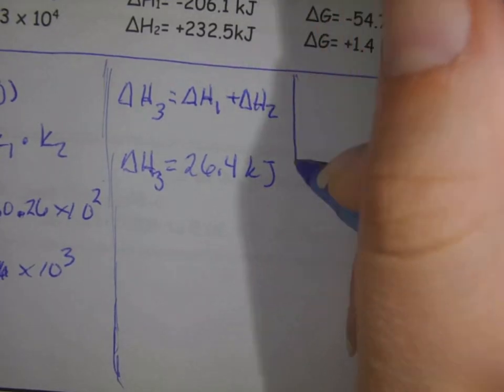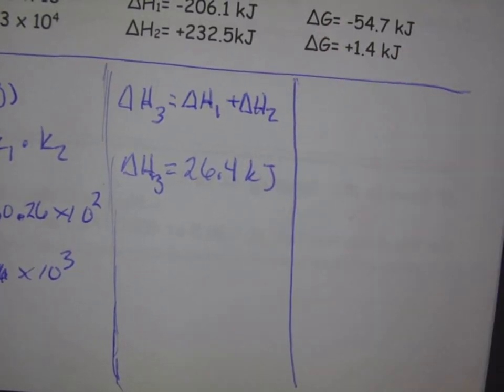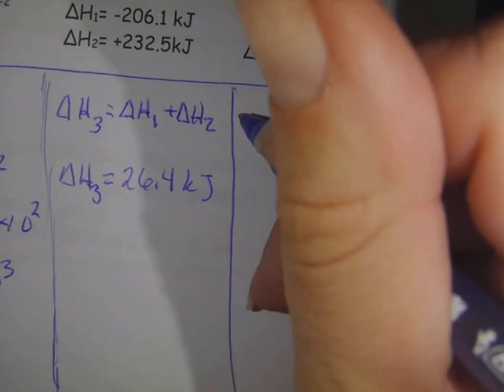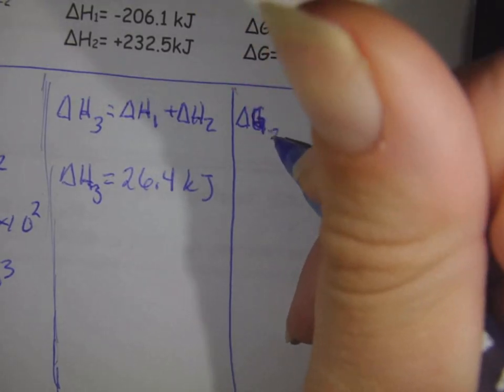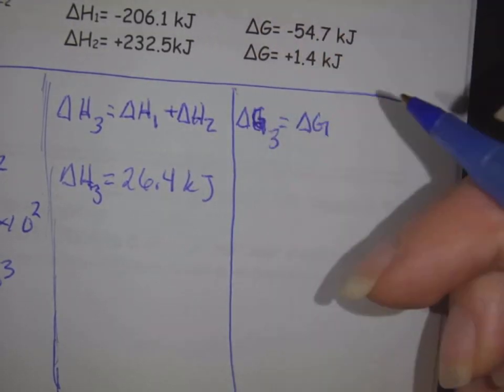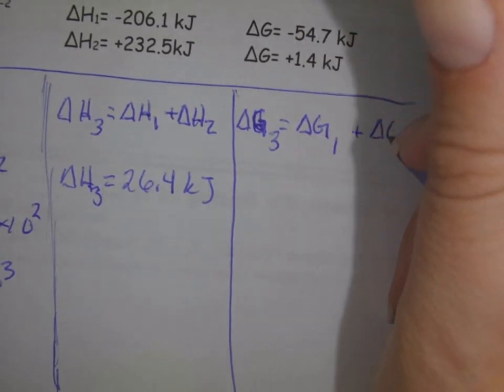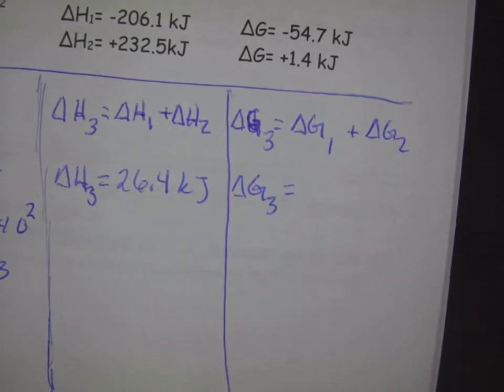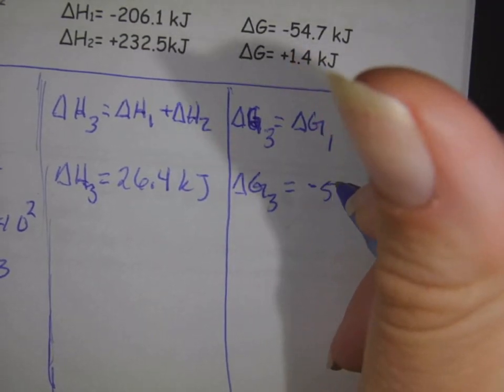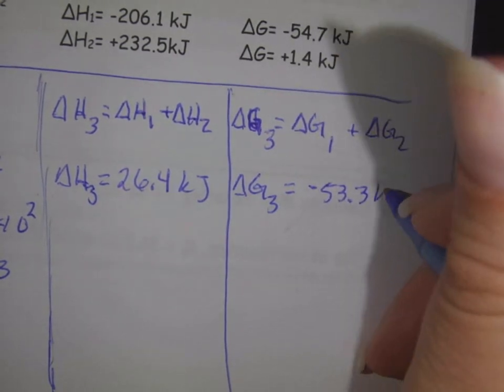All right, and then finally our G values. Gibbs free energy is really similar to delta H. So because we added delta H values together, we also add G values, delta G values, Gibbs free energy values together. And so delta G3 would equal negative 54.7 plus 1.4, and so we get negative 53.3 kilojoules.